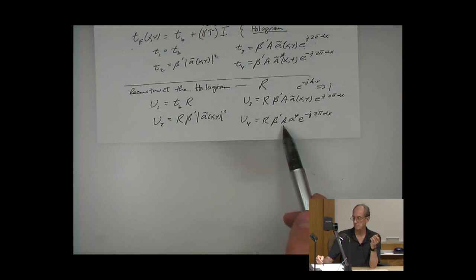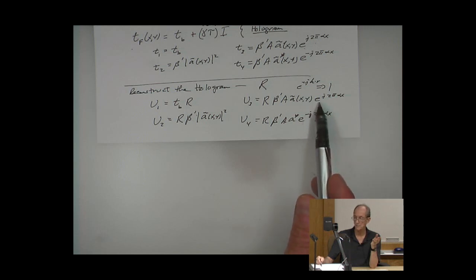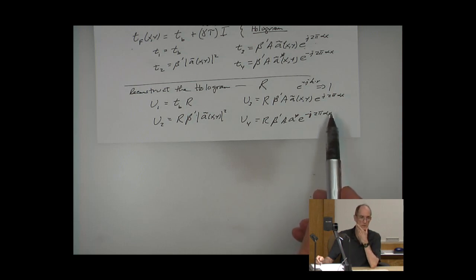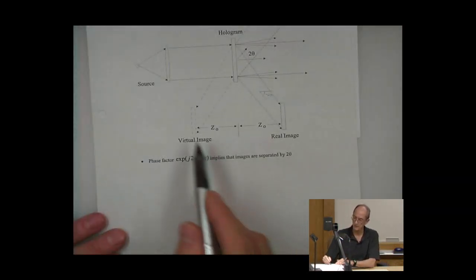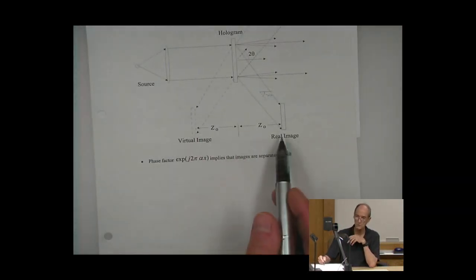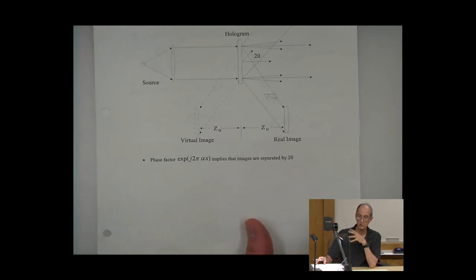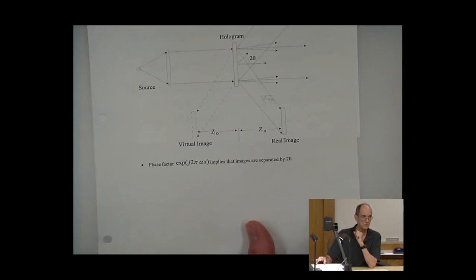So this has no phase. The only phase you have is the phase that was recorded during the recording step, which is this e to the j 2 pi alpha x and e to the minus j 2 pi alpha x. So in this image, you actually do get both the virtual image and the real image looking pretty much like what they're supposed to look like.